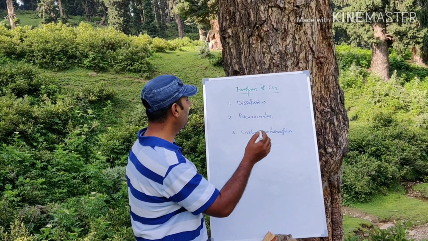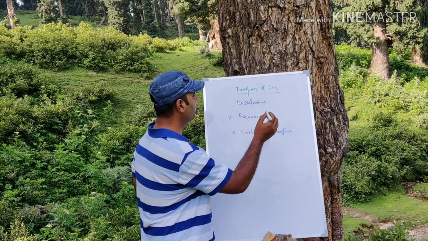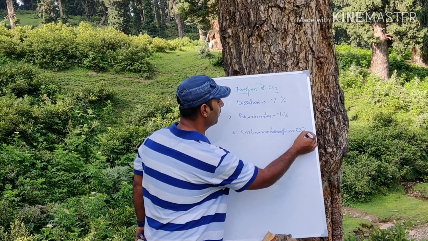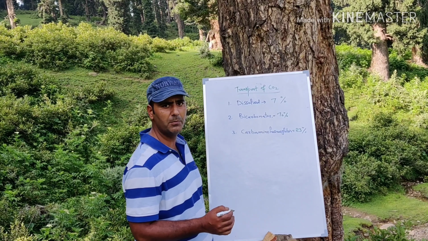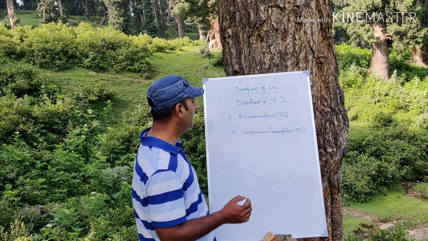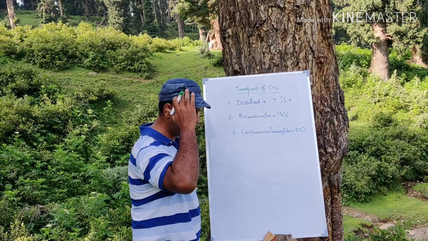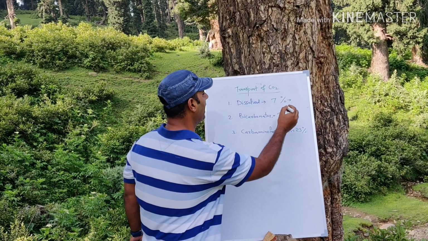If we see the dissolved form, approximately 7% of carbon dioxide is transported in dissolved form, and 70% of carbon dioxide is transported in bicarbonate form, and approximately 23% of carbon dioxide is transported in the form of carbaminohemoglobin. In the dissolved form, the carbon dioxide is carried in the plasma.